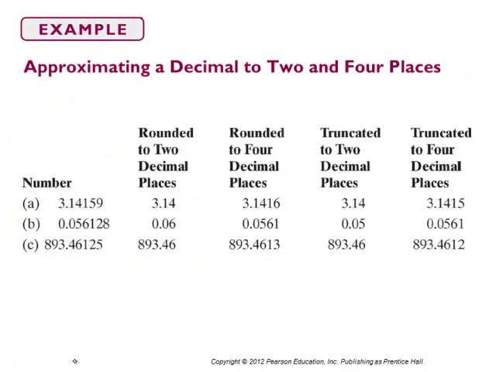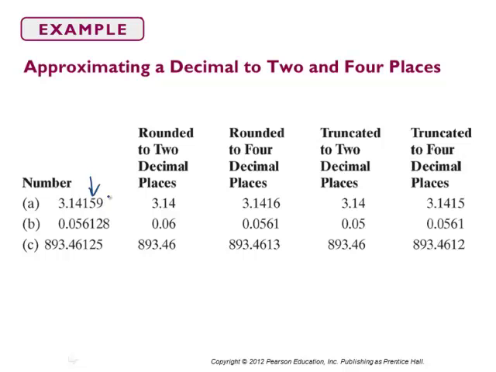Okay, here's another quick example. I'll let you look at that real quick if you need to do some truncating versus rounding. 3.14159, round it to 2 decimal places. Now here's the 4, right? 2 decimal places. Look to the right, that's a 1, that's less than 5. So you'll just round it to 3.14. Or if you want to round it to 4 decimal places, well, the 5 is at the 4th decimal place.